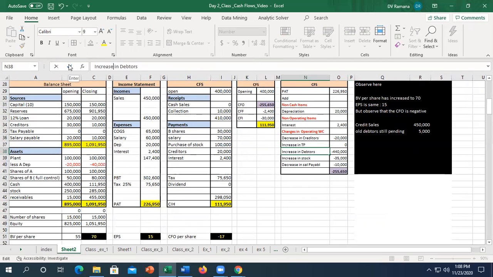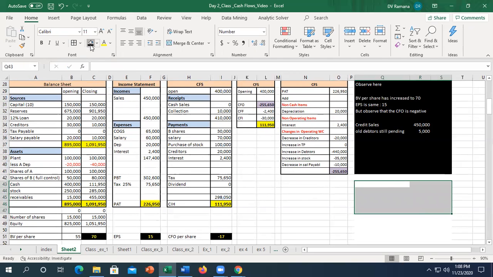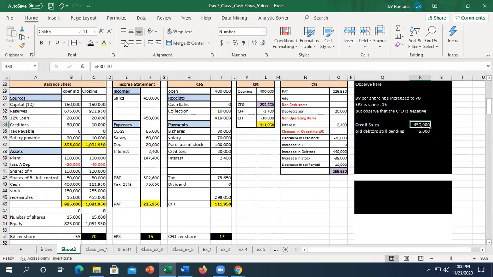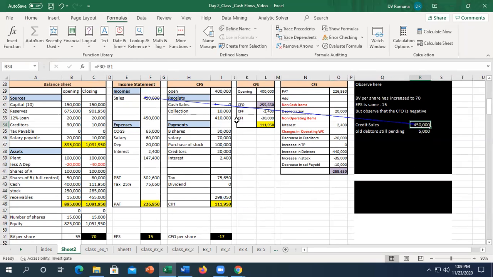Increase in the debtors means credit sales. Can we see the credit sales here? You can see that credit sales is 450. Why did the receivable increase? The receivable increased because the entire sales is on credit and we are not able to collect the full amount of receivables for the previous time period.